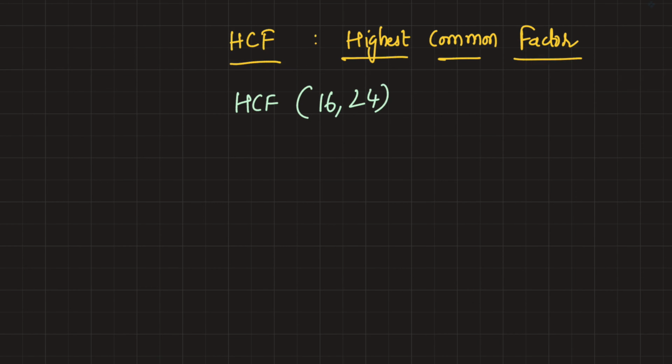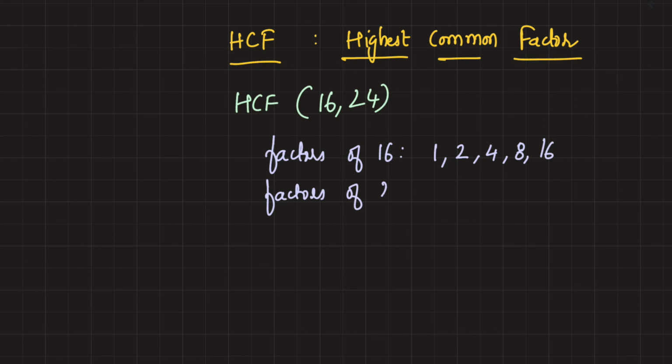First, we list out all the factors of 16. Factors of 16 would be 1, 2, 4, 8 and 16. Similarly, factors of 24 would be 1, 2, 3, 4, 6, 8, 12 and 24.